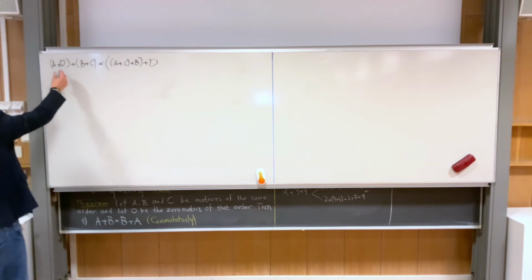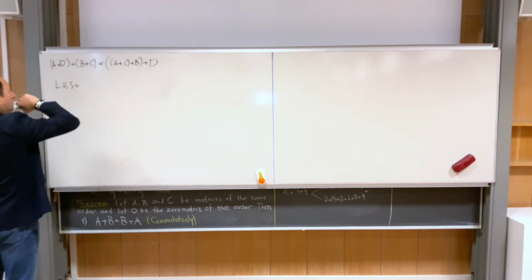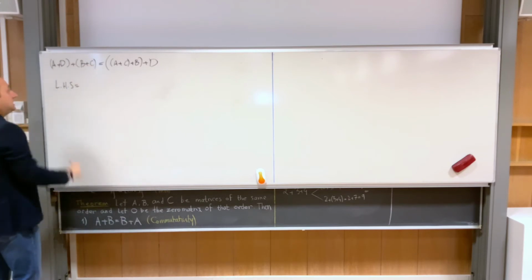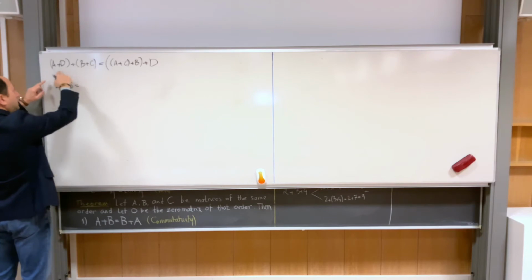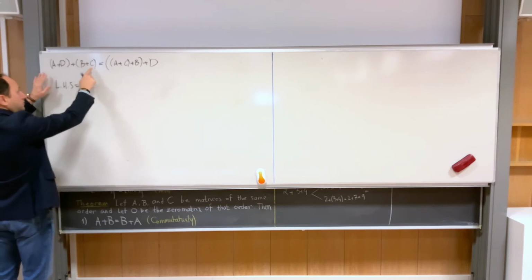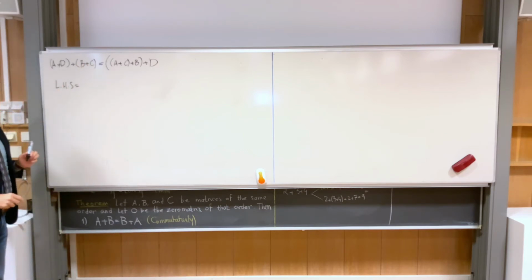For example, I start from the left-hand side. My goal is to have A and C next to each other. What I'm saying is that you cannot just move this here. Of course you can move it because it's commutative, but that is not the proof, because if you want to prove, you are only allowed to interchange the matrices next to each other.